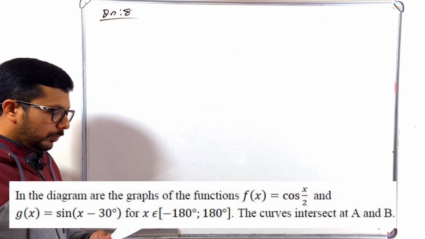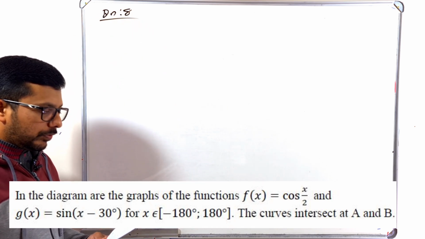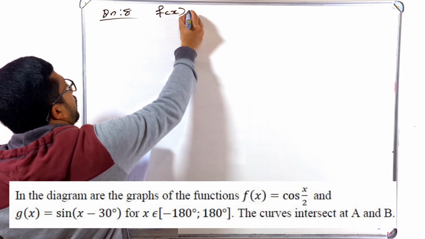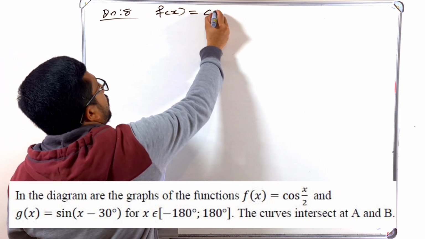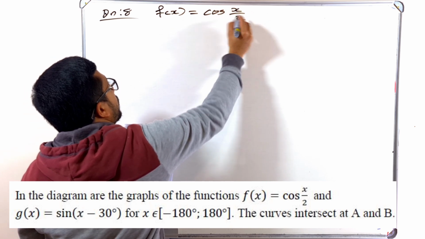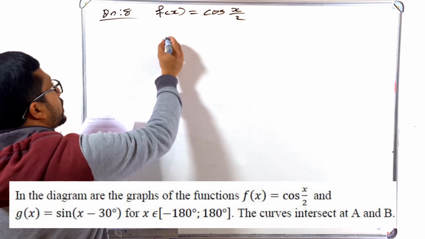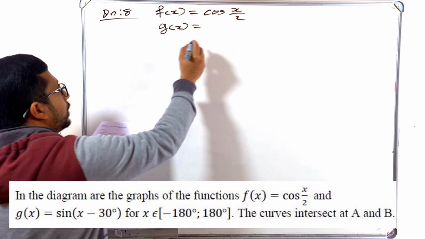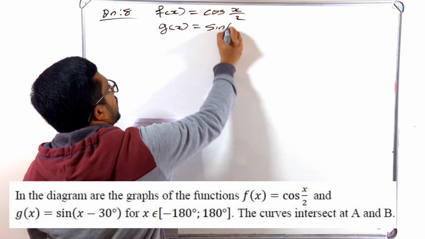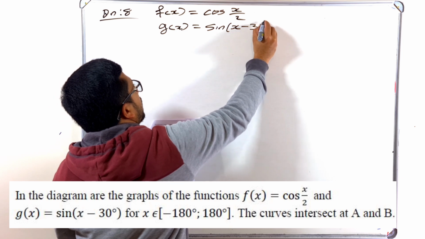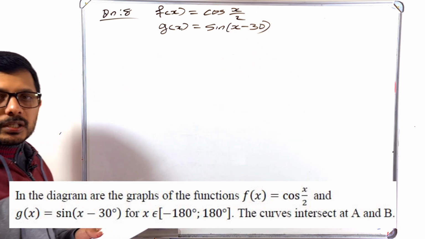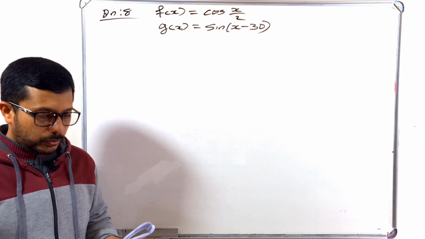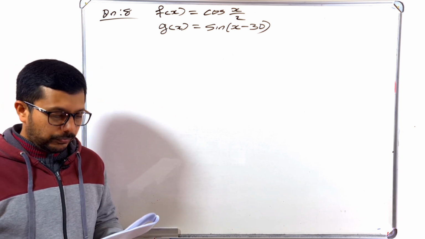In the diagram are the graphs of the functions: one function is f of x is equal to cos x over 2, and the second one is g of x is equal to sine of x minus 30. So there are two functions given, f of x and g of x, and also there is a graph given.